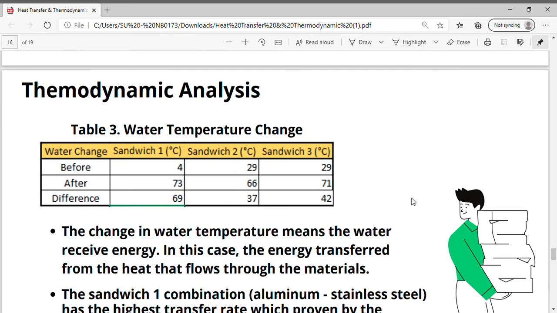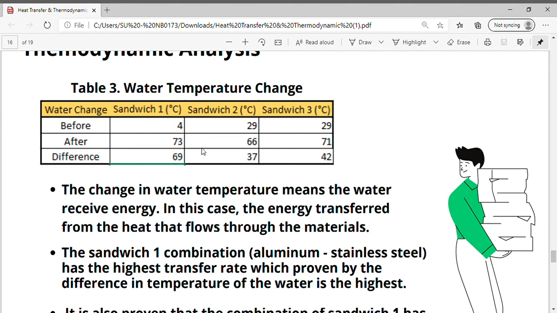And then the previous one was the heat transfer analysis; this one is the thermodynamic analysis. We realize that there's a change of temperature for the water. For the first case, sandwich 1, the difference of temperature is really high.